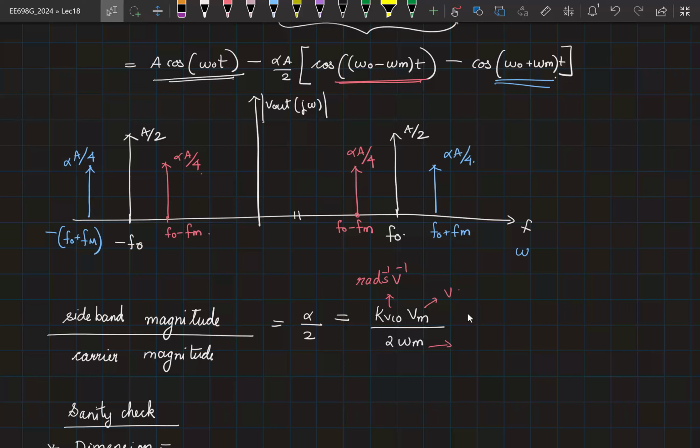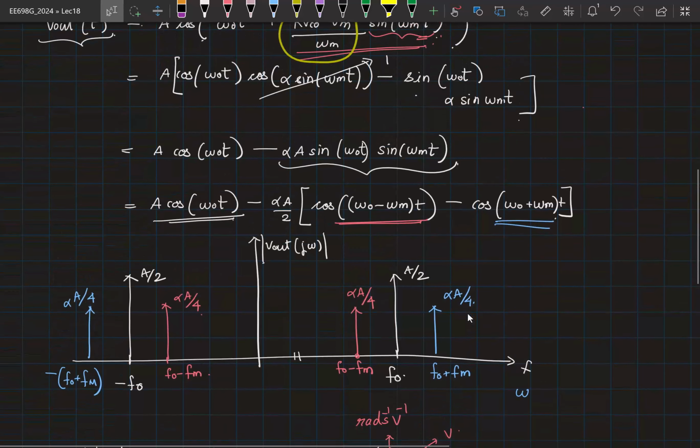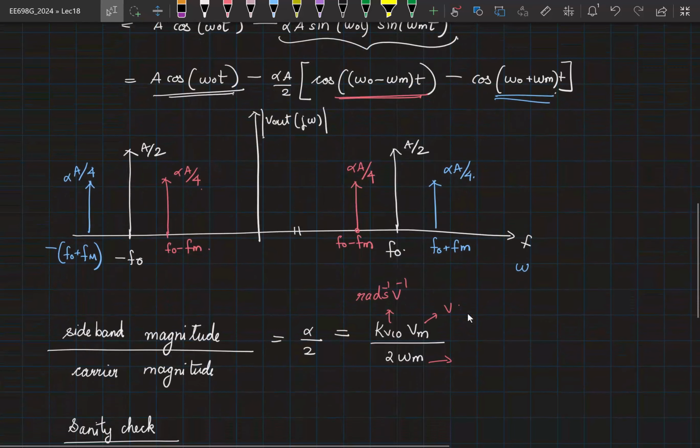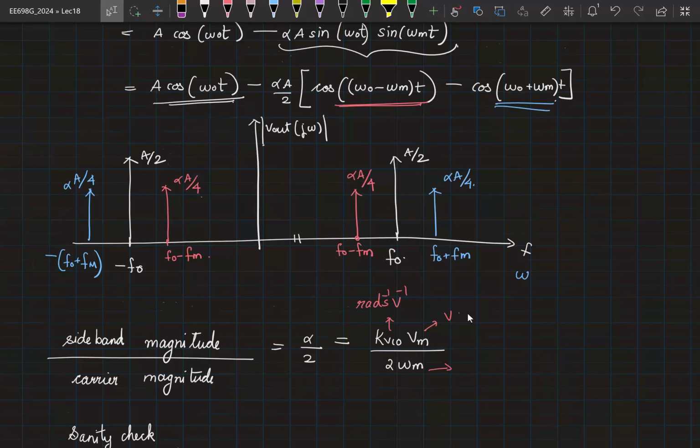What happens if omega m becomes infinity? Omega m is so high that even low jitter is not able to give a sideband. I think if omega m becomes infinity, our approximation itself might fail. So that was a trick question.